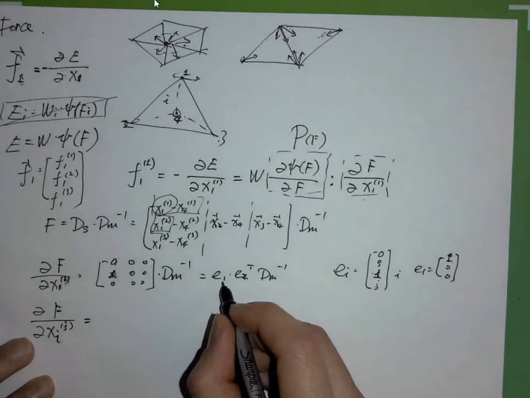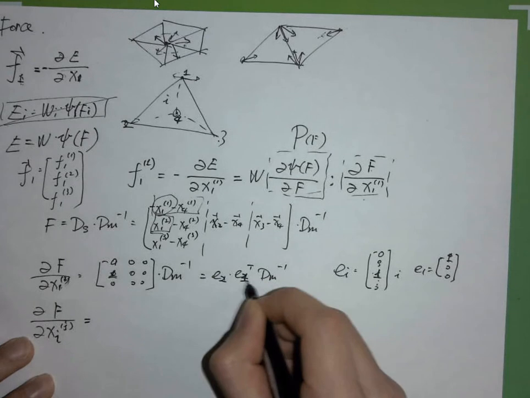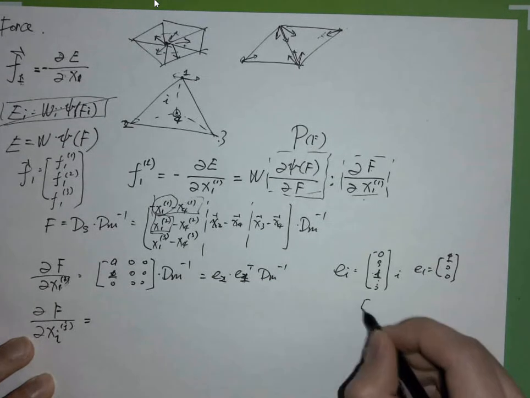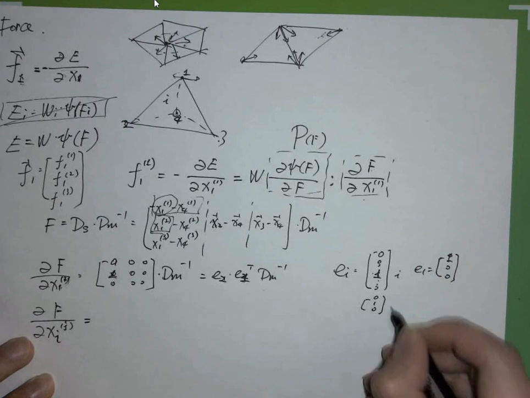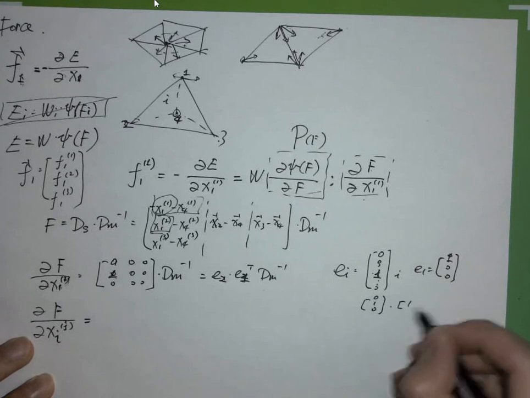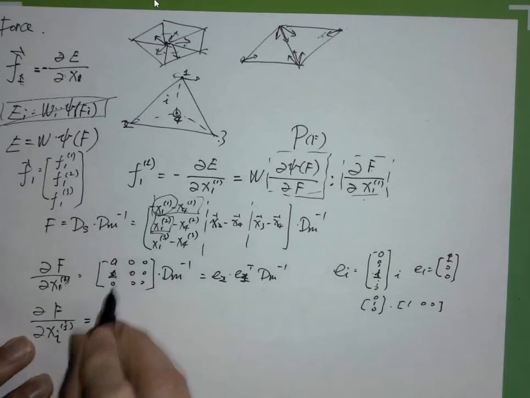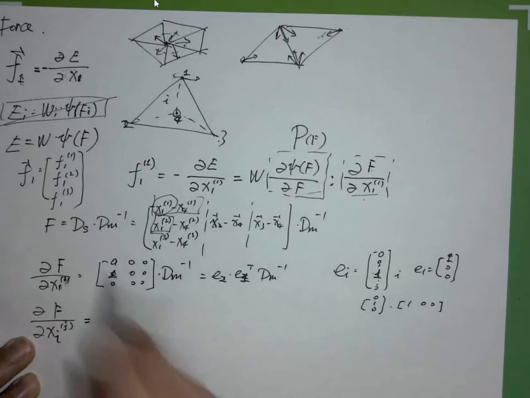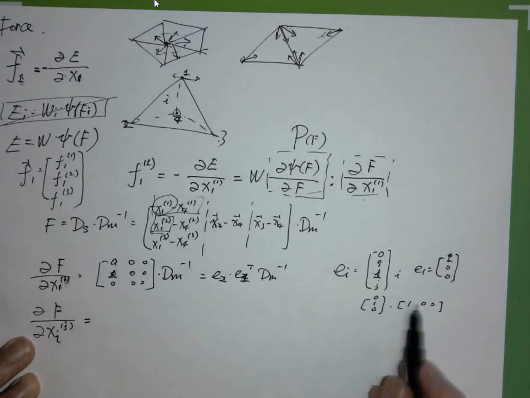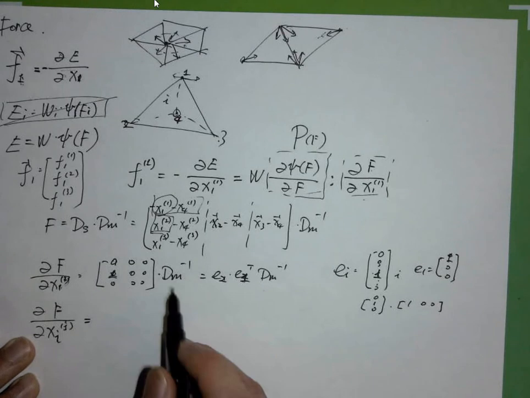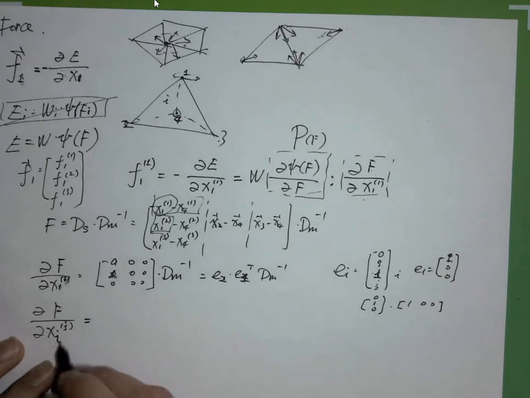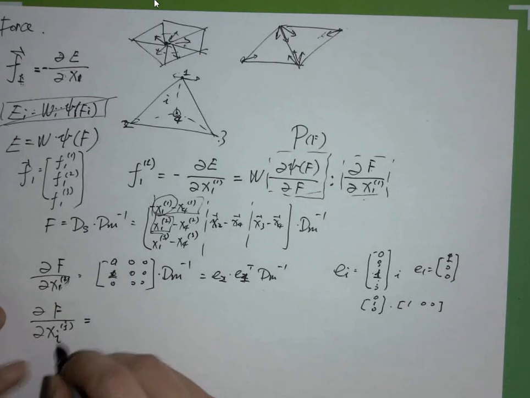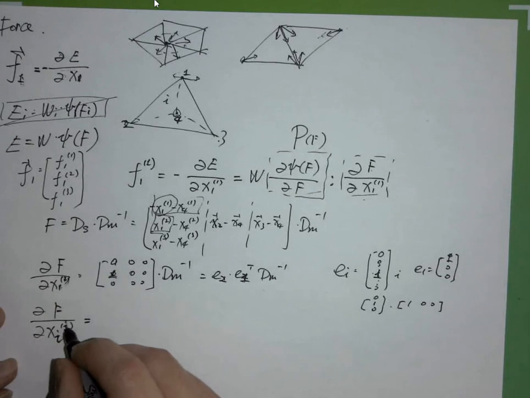Not really. It's E2 E1 transpose. E2 is 0 1 0, right? And multiplied by E1 transpose 1 0 0. And this one is this matrix. All right, the first row is 0, the second row is 1 0 0, third row is 0 0 0. All right, so we can generalize to any of those xi on j's dimension.